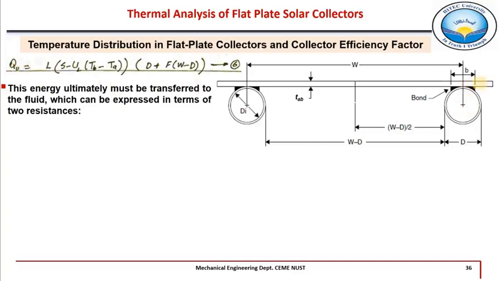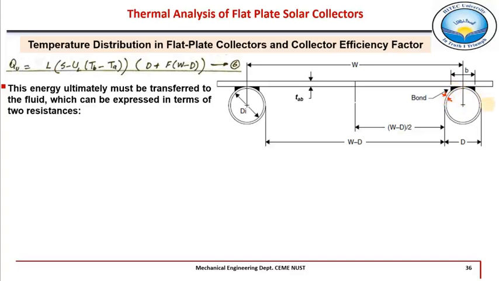And now from this absorber sheet to this fluid, there are further thermal resistances. First of all, there is thermal resistance due to this welded bond between the absorber sheet and this fluid pipe, right? And also there will be another conductive resistance due to this pipe thickness. This pipe has a certain thickness, so that represents another thermal resistance between absorber plate and the fluid.